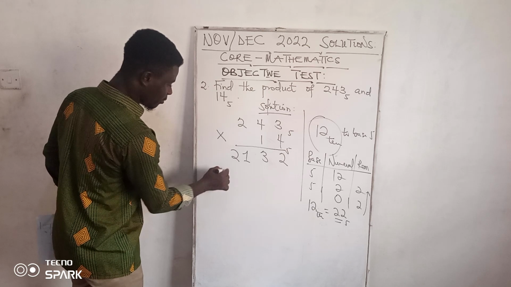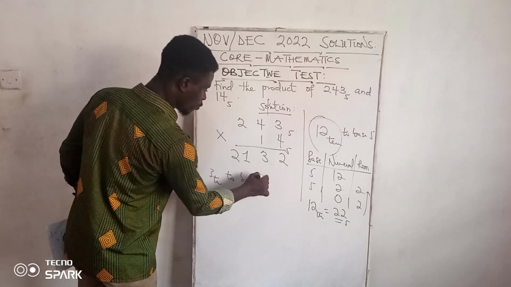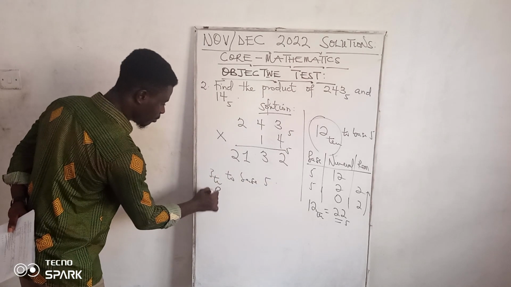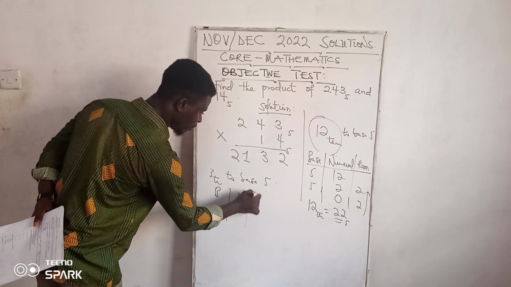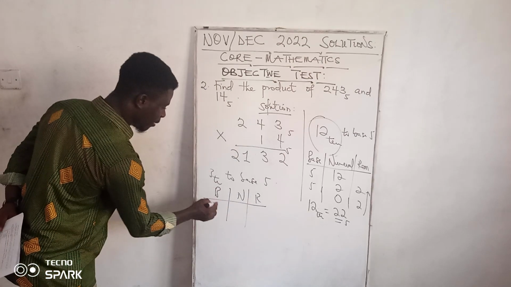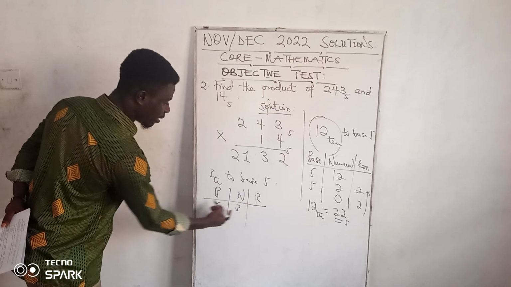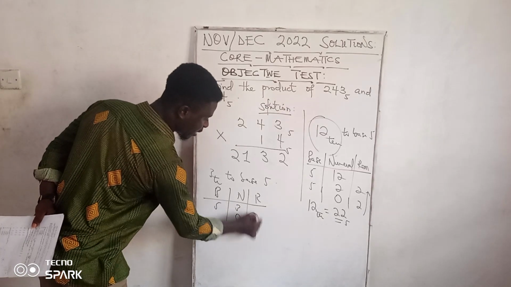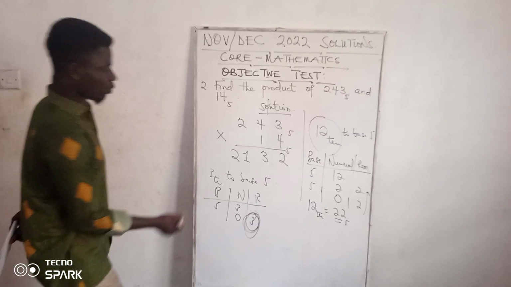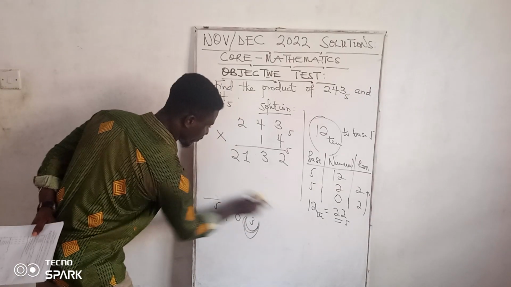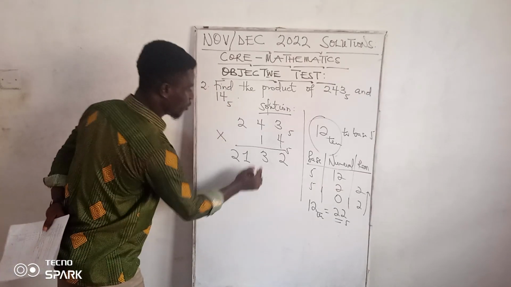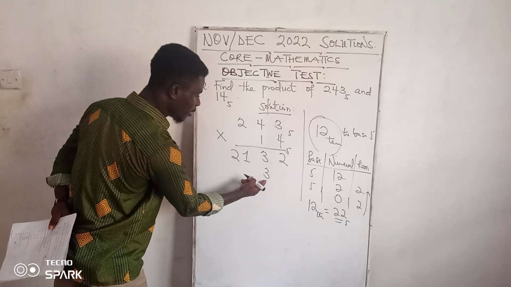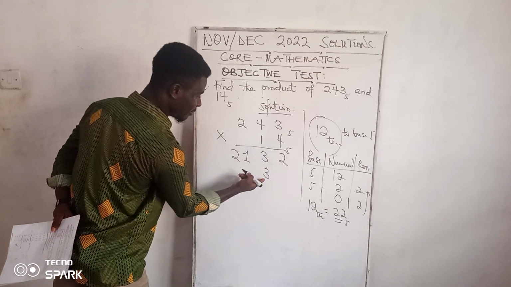Let's see: base, number, then remainder, right? So our base is 5, then 3. Can 5 go into 3? No. So 0, then 3. So you can see that still the answer is 3. So now I'll write my 3 beneath this 1.